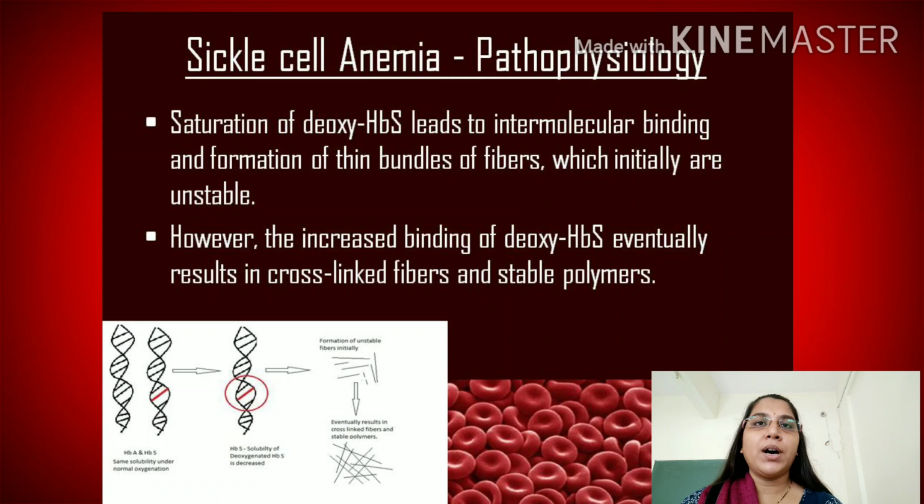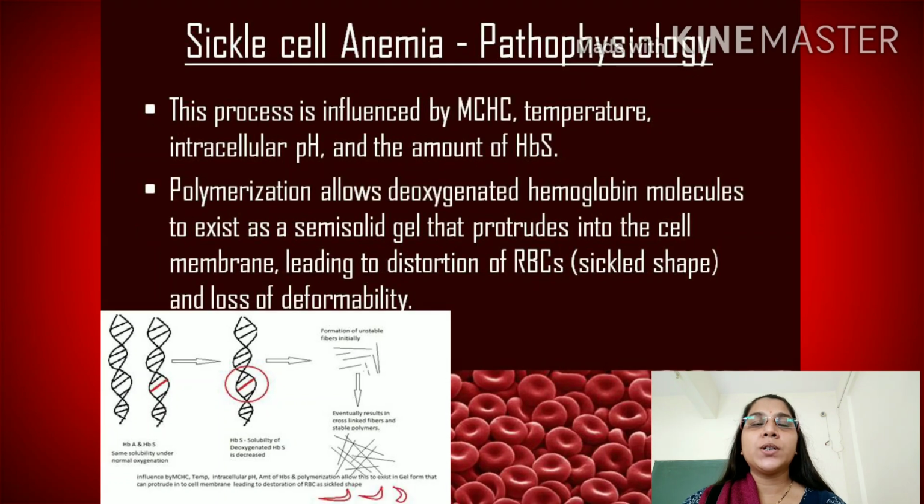So from unstable to stable polymers are formed. Now this process is influenced by MCHC, temperature, intracellular pH, and the amount of HbS. All these factors influence how these stable polymers are formed.